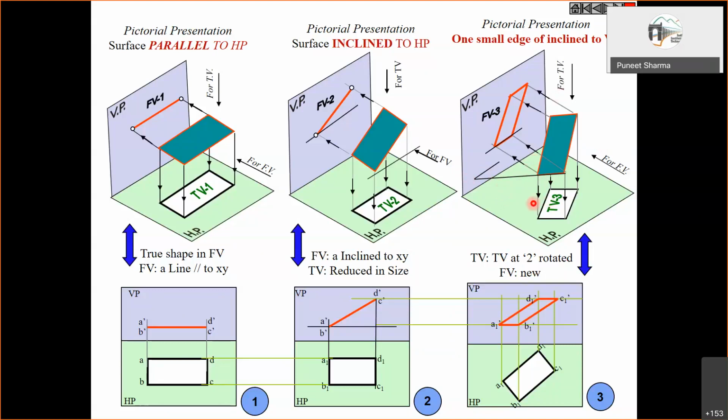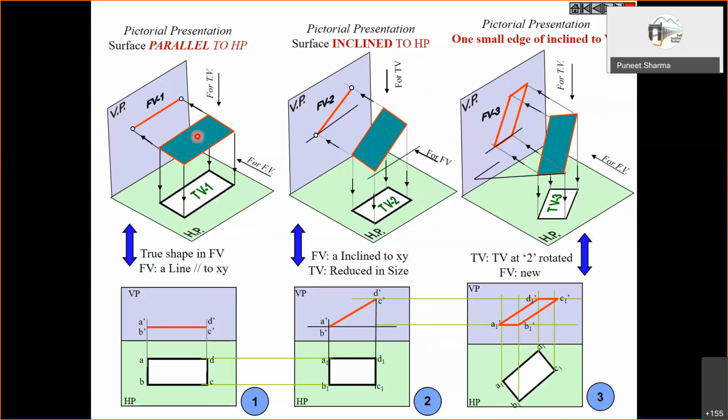For this, we will obtain this in three steps: 1, 2, and 3. Here you have the pictorial representation, and here whatever orthographic views, that is front and top view, we will have. Now have a look at how we have considered its placement in the first position.